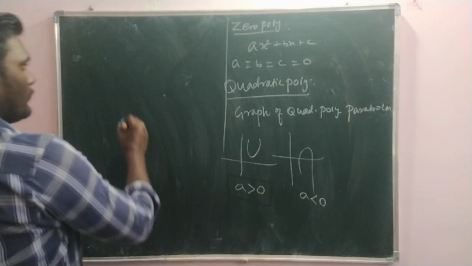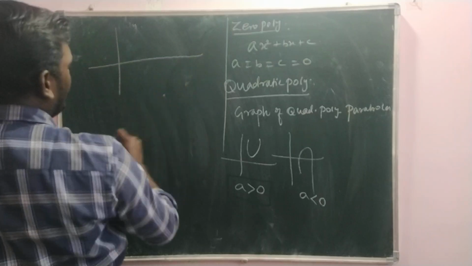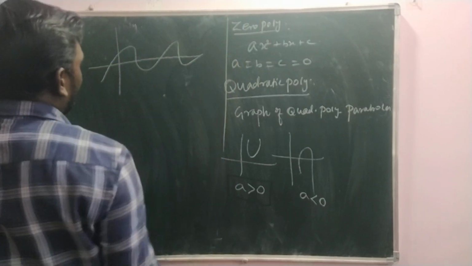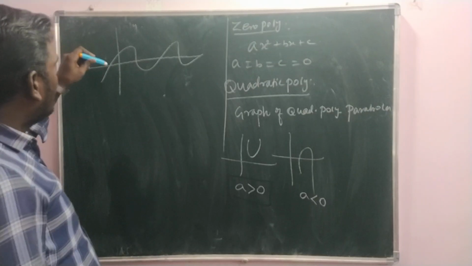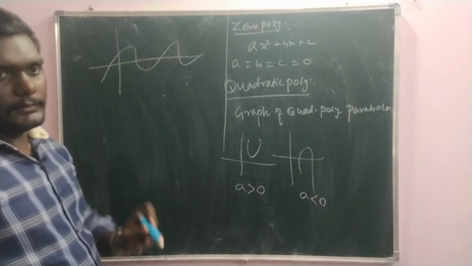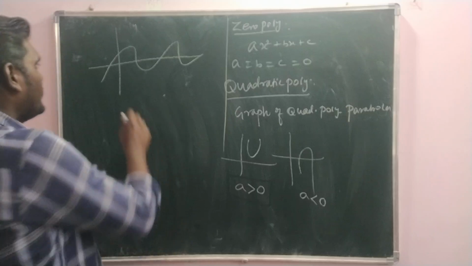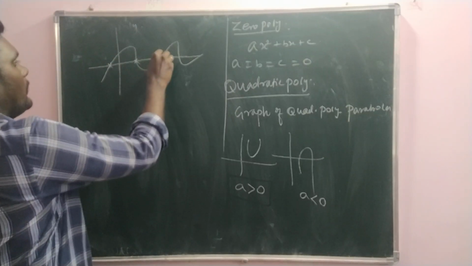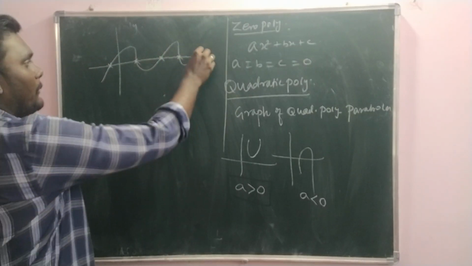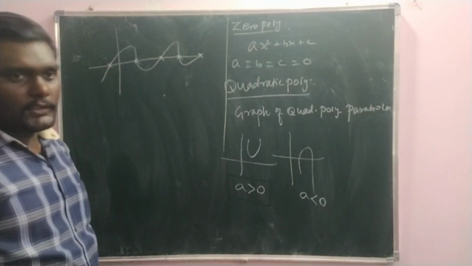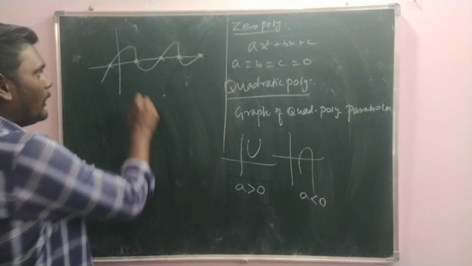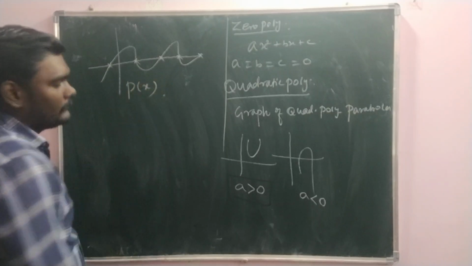Okay. Also, whenever you represent the polynomial as a graph, it's like curves we may get. In this, look at this. Wherever the curve meets the x-axis, they are all zeros of the polynomial. And the polynomial will have as many zeros as the points of intersection with the x-axis alone, if it is a polynomial in x. Okay.